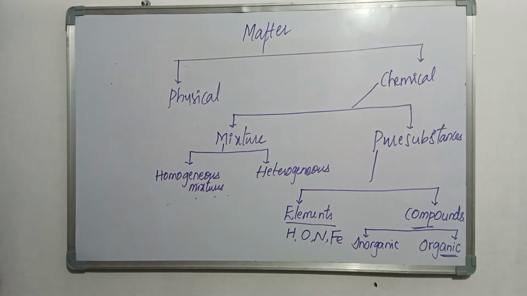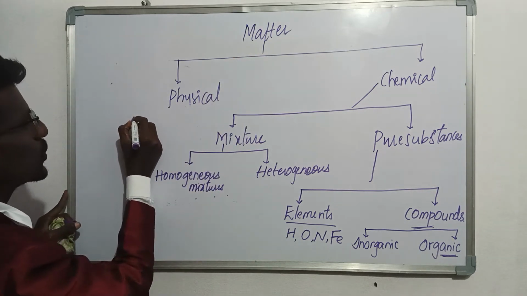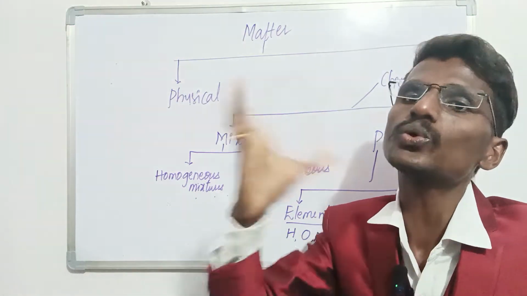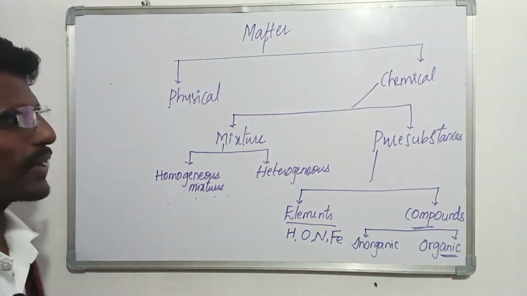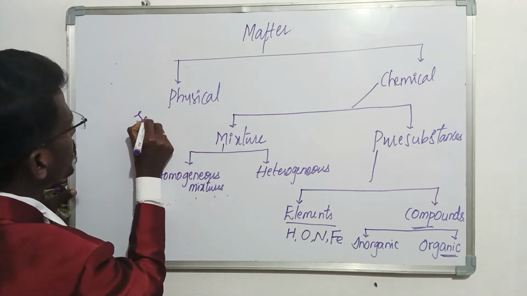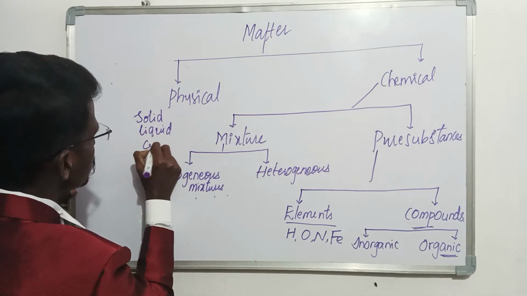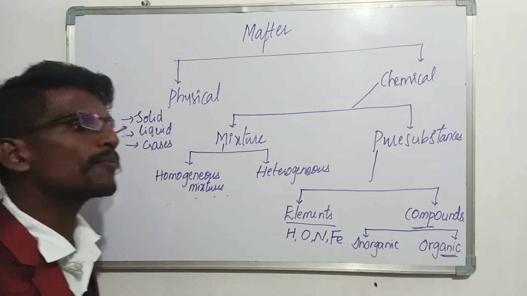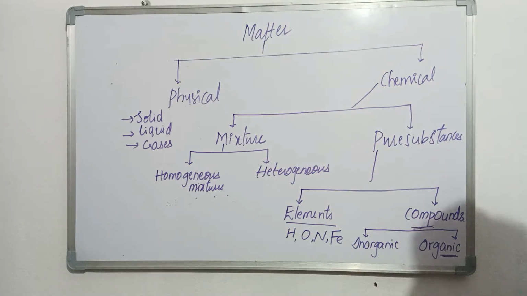So we are going to discuss it again. There are two types of classification of matter. That is physical classification: based on physical properties, matter is classified into solids, liquids and gases. Then based on chemical properties, matter is classified into mixtures and pure substances.